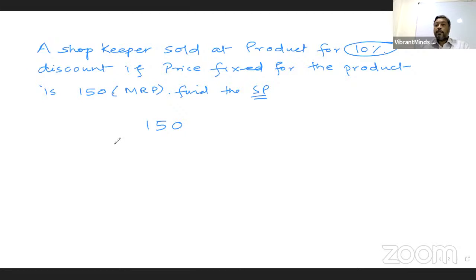I will take 10% out of it. 10% is 1 by 10, so 150 into 1 by 10 means 150 by 10, that is 15 rupees. So the customer will be paying 135 rupees.